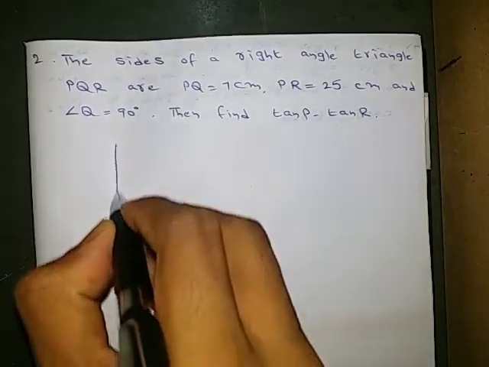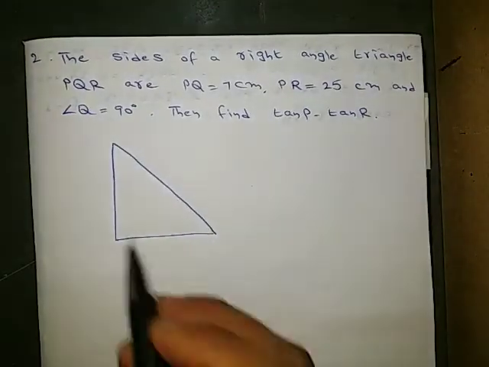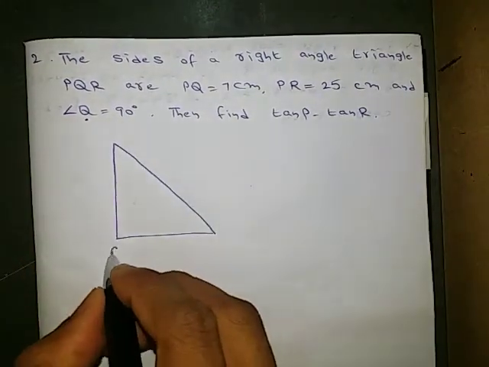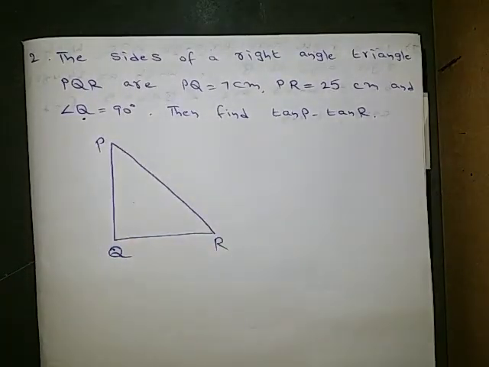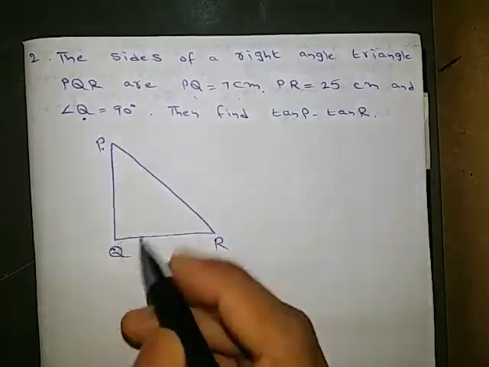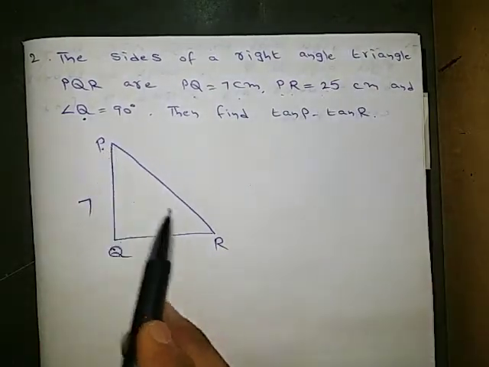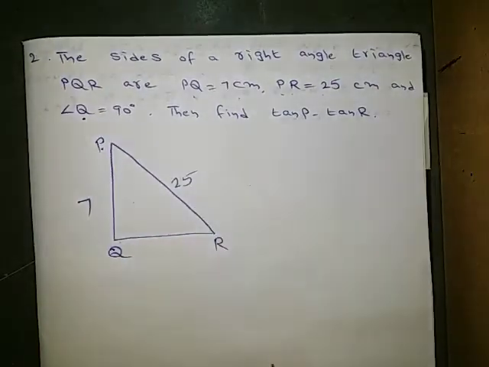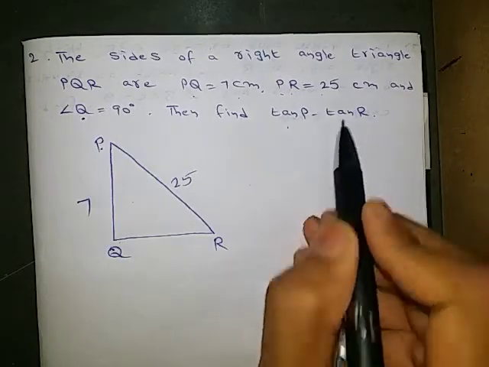So he clearly mentioned we have a right angle triangle PQR. Q is 90 degrees, so this will be Q, so the remaining are P and R. Next, measurements are also given. PQ is 7 centimeters. PR is 25 centimeters. And we need to find the value of tan P minus tan R.